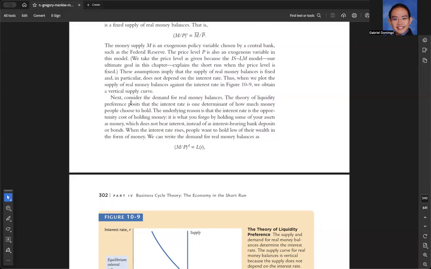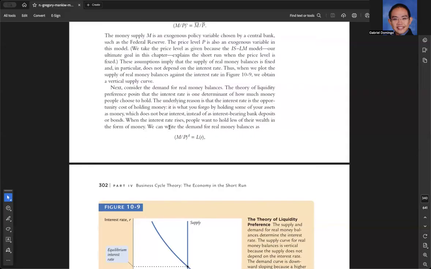Next, we consider the demand for real money balances. The theory of liquidity preference posits that the interest rate is one determinant of how much money people choose to hold. The interest rate is the opportunity cost of holding money. This should be very familiar if you recall chapter 4, because it's the same argument.